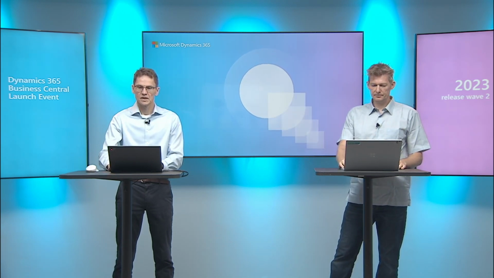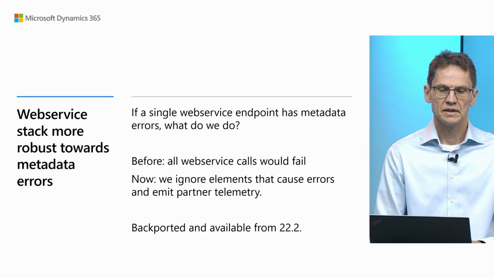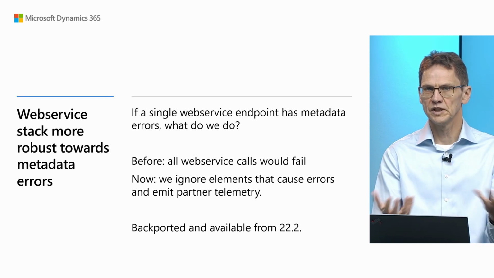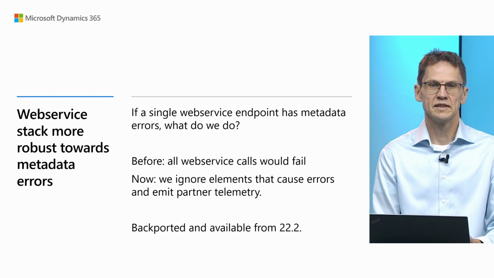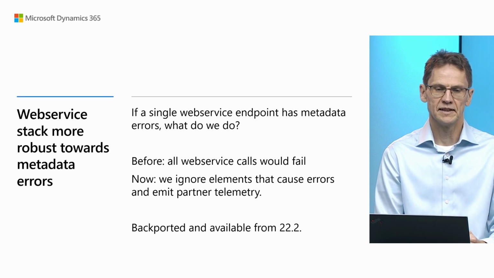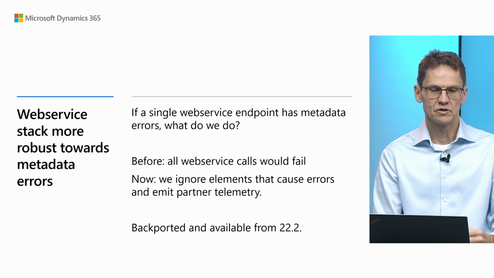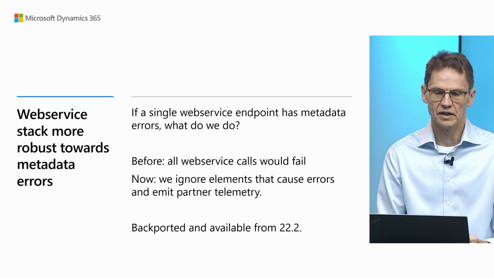Yes. Now, another place where we've added more stability is when we have invalid metadata, which for instance can be that you have duplicates in the metadata, so you end up with two pages named the same, stuff that can happen when you have multiple extensions installed.